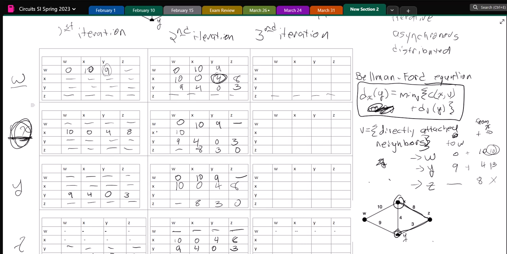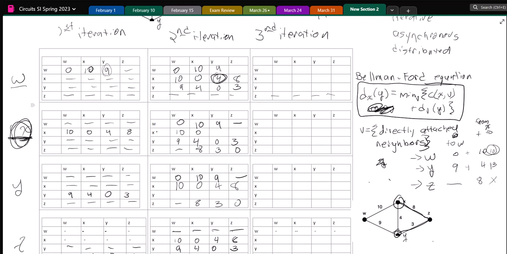Now from x to x, that's going to be 0. Now from x to y, let's take a look at this. We can see that it currently costs us 4 to get to y.